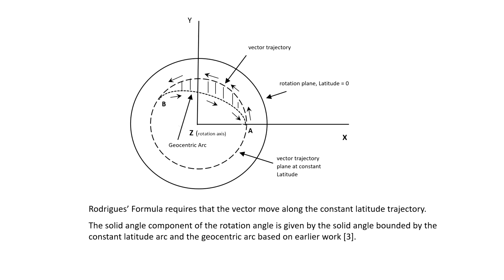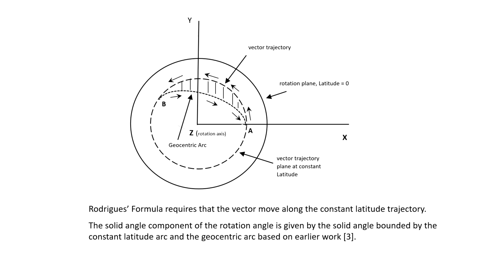So here's the situation. We're looking down the axis, basically the North Pole of the Earth as it's spinning. If you're on the Earth, you'll move from A to B along a constant latitude trajectory, and the solid angle enclosed by a geocentric arc and the constant latitude arc is the solid angle we're talking about.